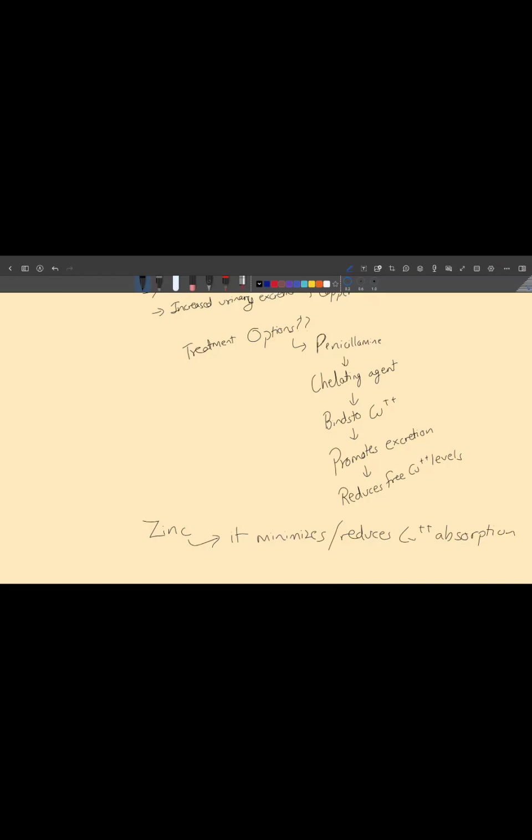Let's understand another use of zinc. Let's divert from the topic a little: we know that zinc is used in diarrhea. You know why? Because it reduces both the severity and frequency of diarrhea in children.